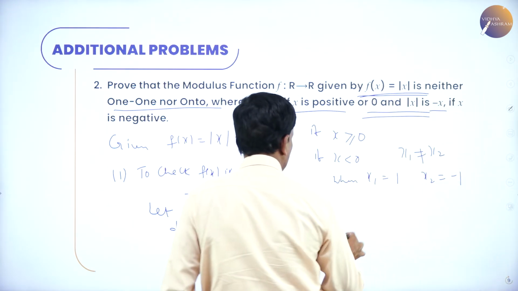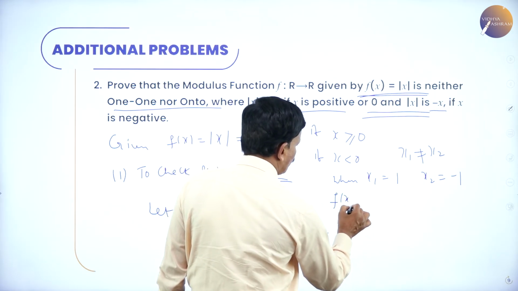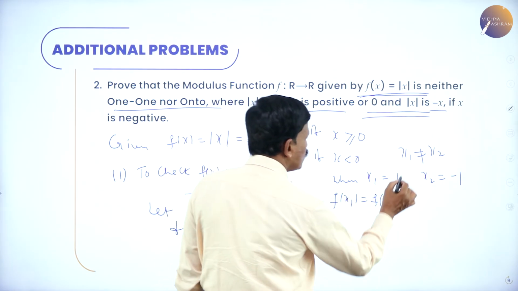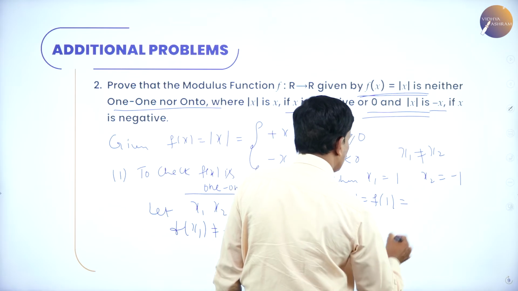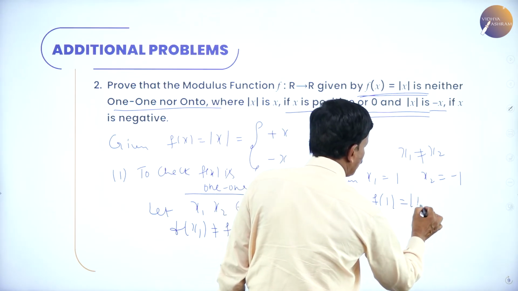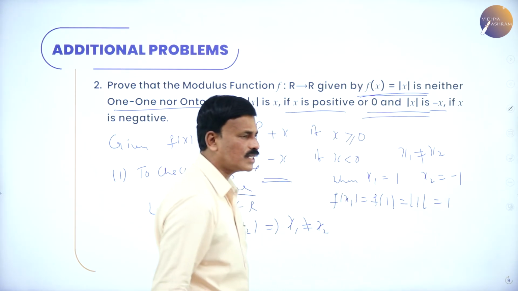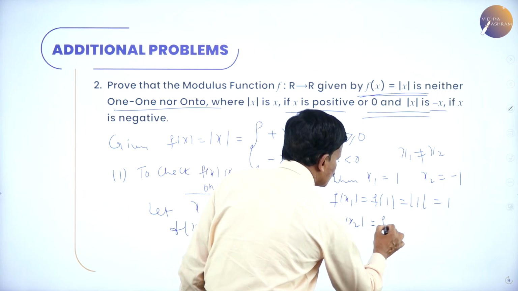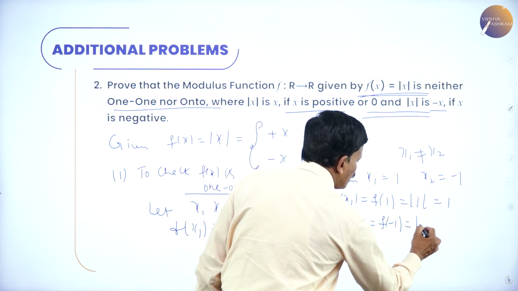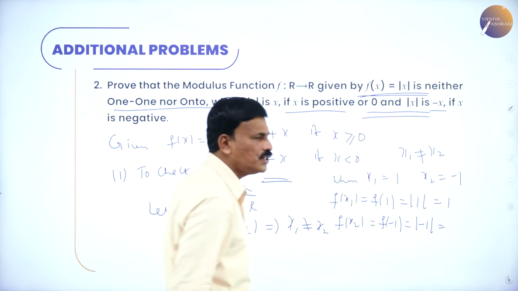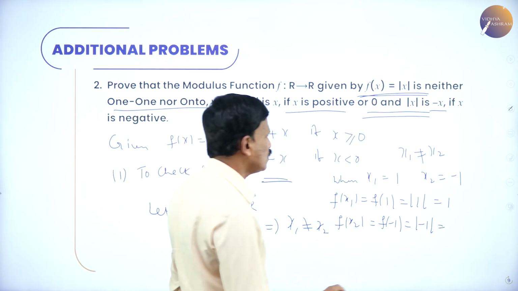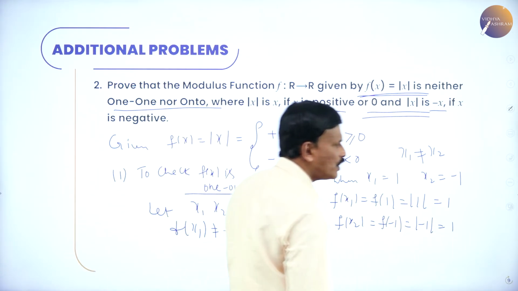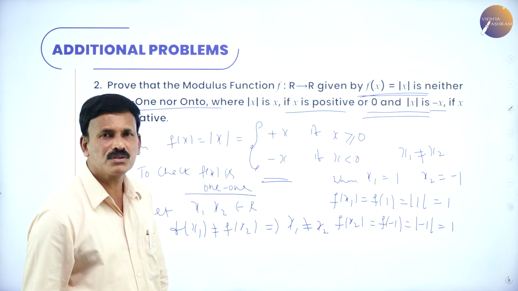Now what is f of x1? f of x1 is 1, the modulus of 1 is 1. And f of x2 is f of minus 1, the modulus of minus 1, which is again plus 1.